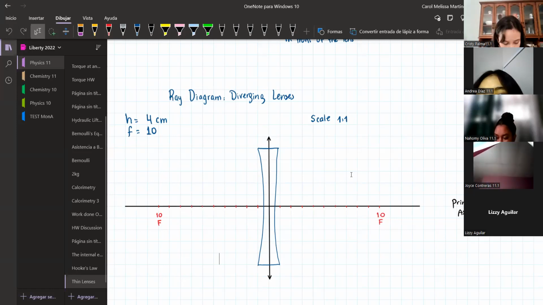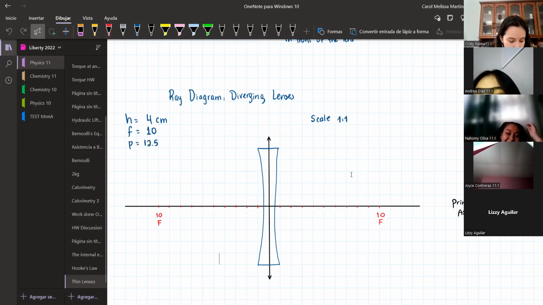There you go. Okay, it says that the object is 4 centimeters height. Okay, so I'm going to draw my object. But where is the object located? The object is located in that position, 12.5. Remember that P is 12.5. That means that it is before or after the focal?